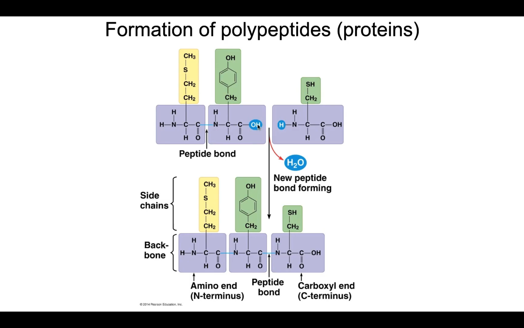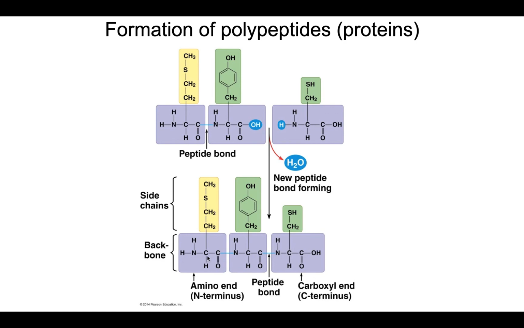We're going to lose an OH from the alpha carboxyl group of the end of the peptide chain. There's our water, so this is a dehydration reaction, and there is the peptide bond. So that peptide bond is between what was once the alpha carboxyl group and the alpha amino group of the incoming amino acid.